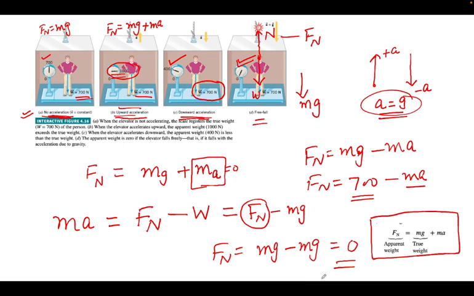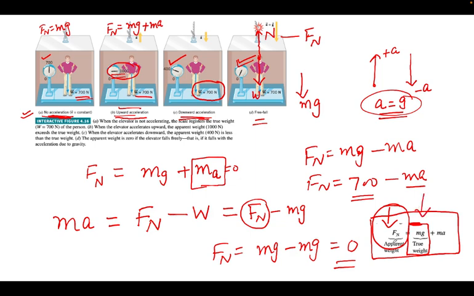using this formula. Fn, that is the apparent weight. Apparent weight is that weight which is shown on the scale, and it depends upon whether the lift is moving upward, moving downward, at rest, or in free fall. So this apparent weight is changeable, while the true weight always has the same value.